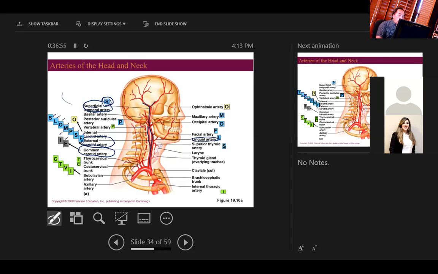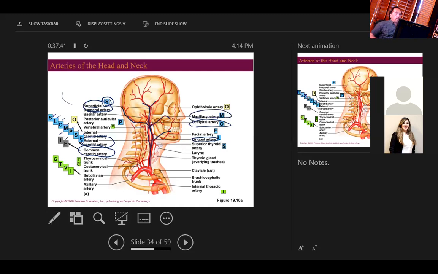The branch of the external carotid artery that goes to the tongue is called the lingual artery. That's your L. What is O? O means occipital artery. I follow that vessel of the external carotid artery that has a branch going to the occipital bone; that's the occipital artery. That's your O. M means maxillary artery. This vessel goes to the maxilla, so the branch of the external carotid artery that goes to the maxilla is the maxillary artery.